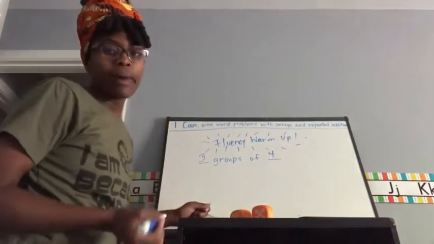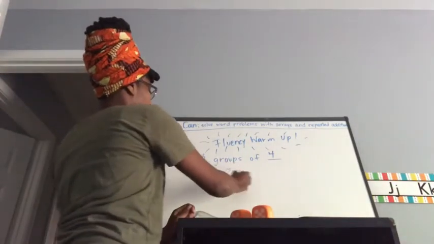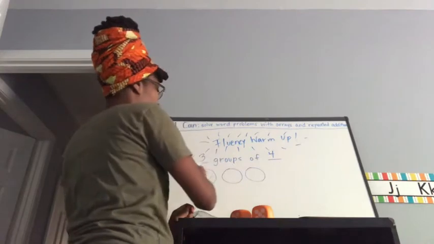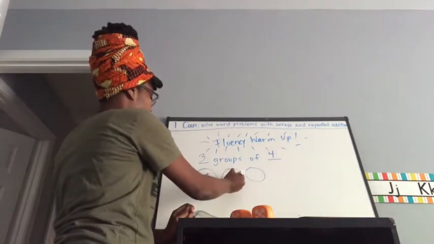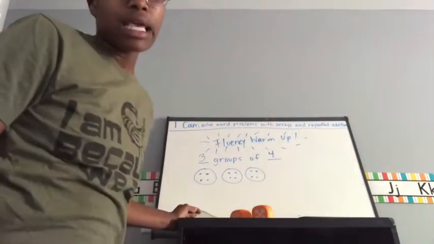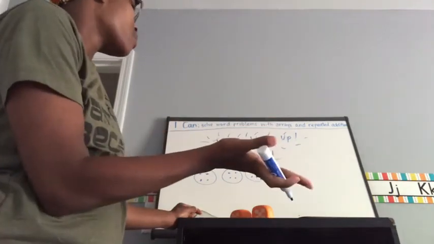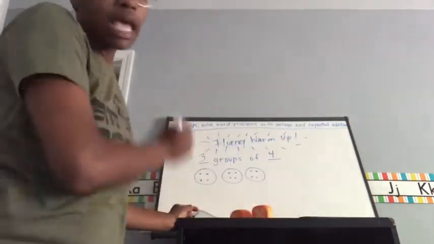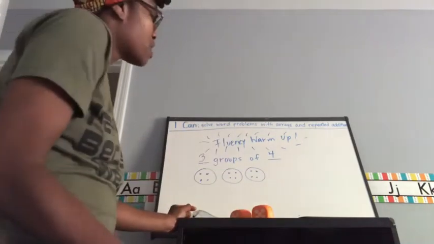So when I build my equal groups, I'm gonna have 3 groups, and I'm gonna put 4 in each. 1, 2, 3, 4. 1, 2, 3, 4. 1, 2, 3, 4. Now I can either use 3 groups of 4 where I have 3 columns and 4 in each column, or 3 rows and 4 in each row.